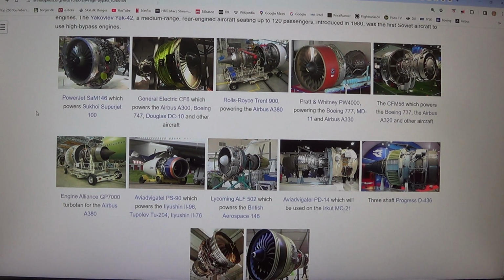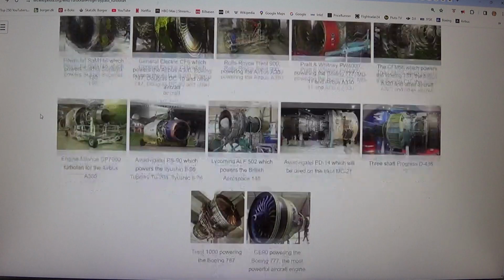Aviadvigatel PS-90, which powers the Ilyushin Il-96, Tupolev Tu-204 and Ilyushin Il-76. 8. Lycoming ALF 502, which powers the British Aerospace 146. 9. Aviadvigatel PD-14, which will be used on the Irkut MC-21.